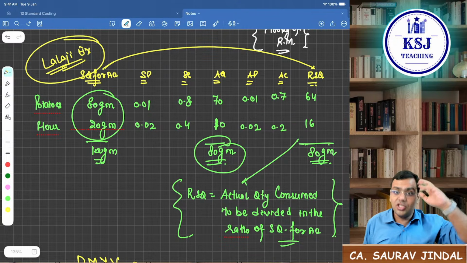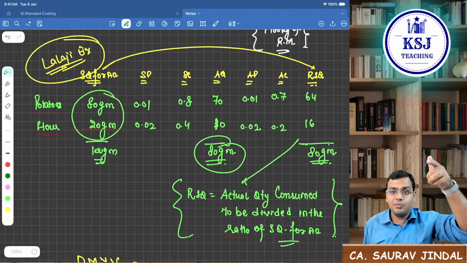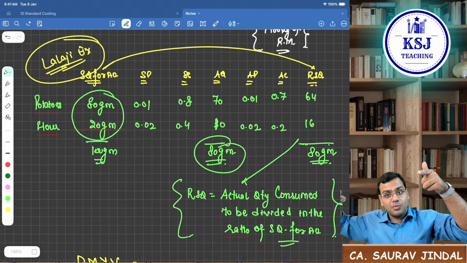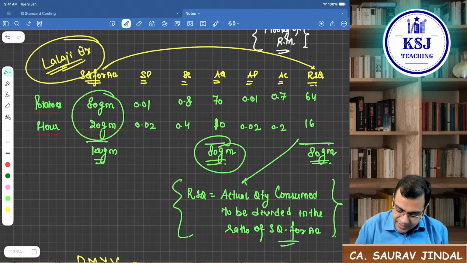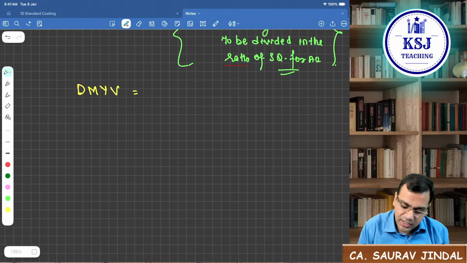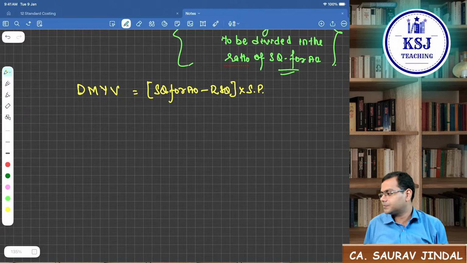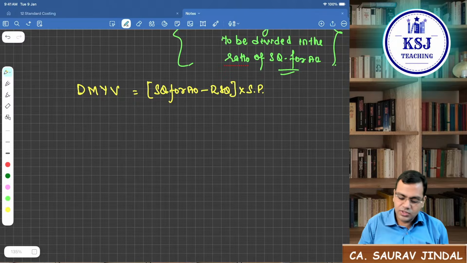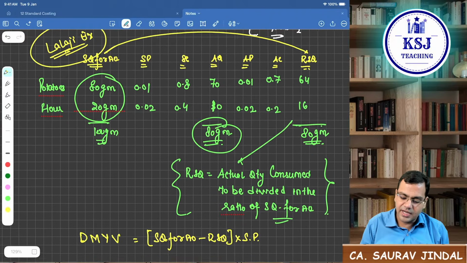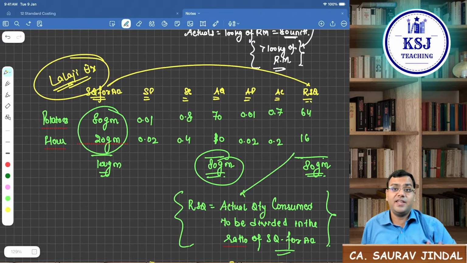Your yield will increase. So yield variance is standard quantity for actual output minus revised standard quantity, into standard price. So this is your direct material yield variance.